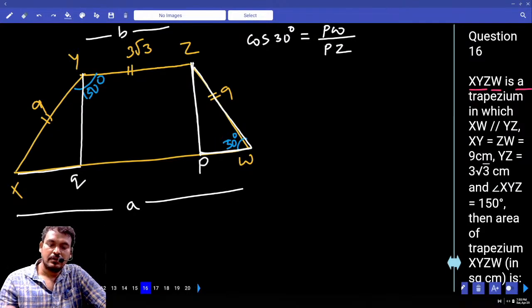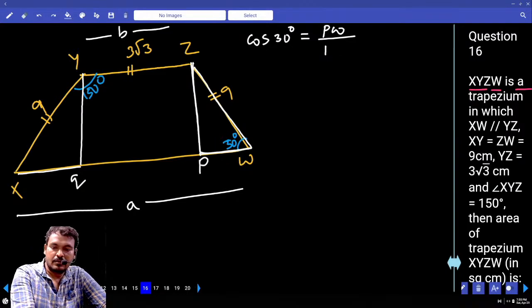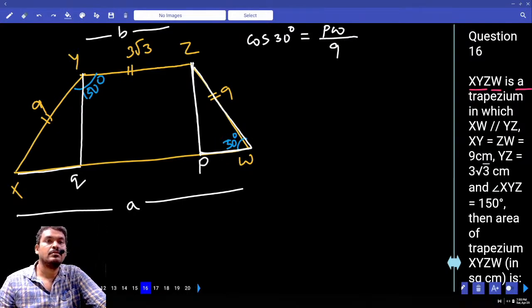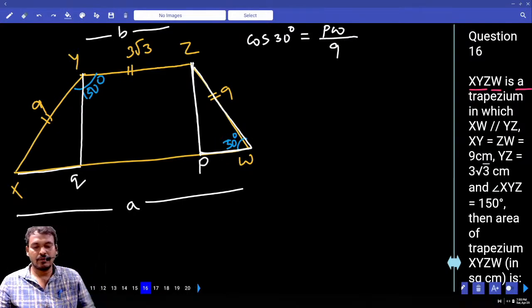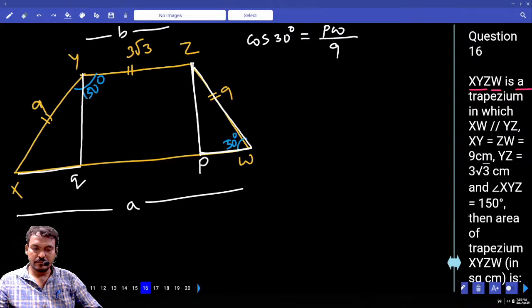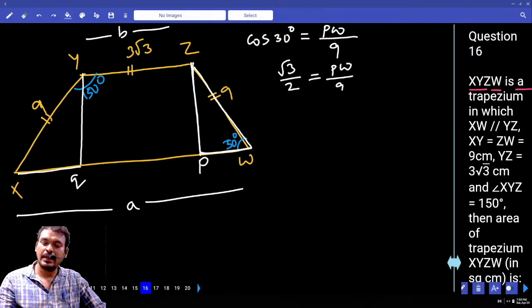PZ or not? PW by which one? 9 or not? PW by 9. Because it is 30, means we write PW by WZ, or not? Okay. Cos 30 means we write root 3 by 2. That is equal to PW by 9, or not?